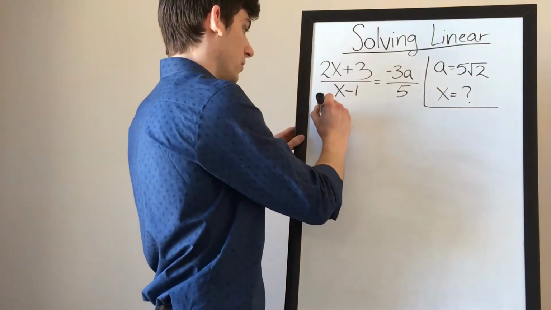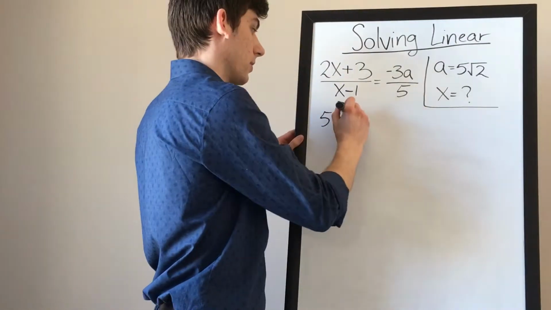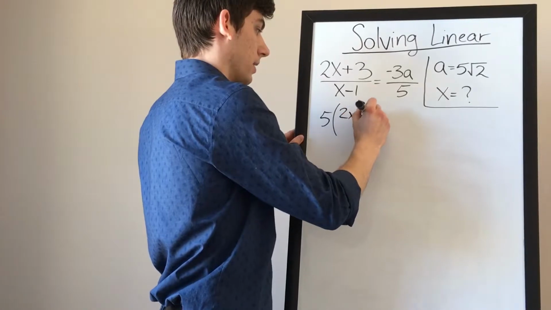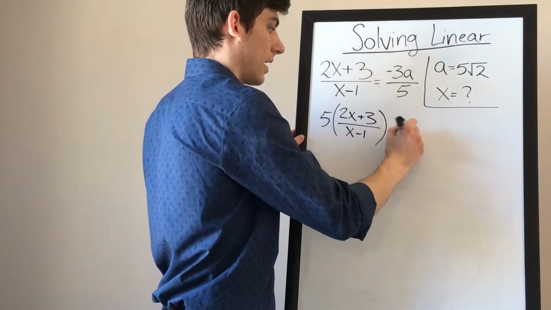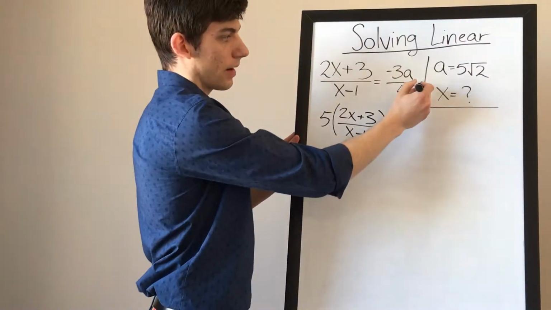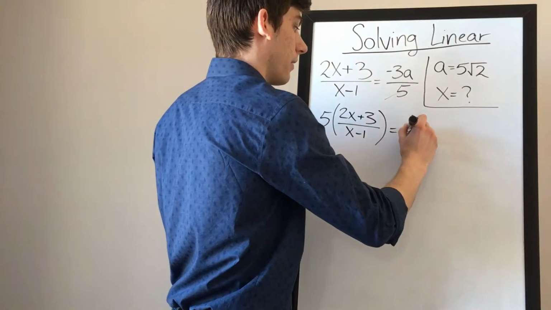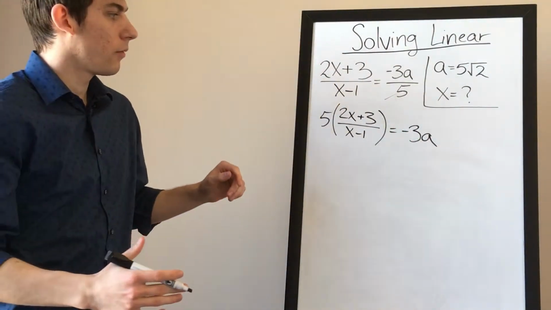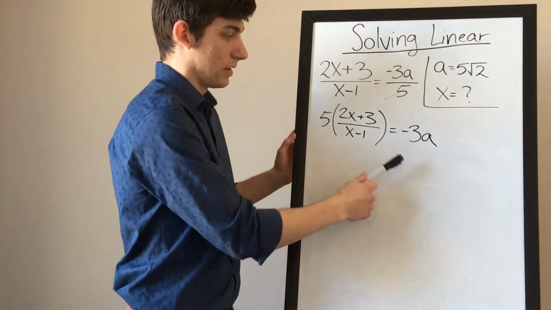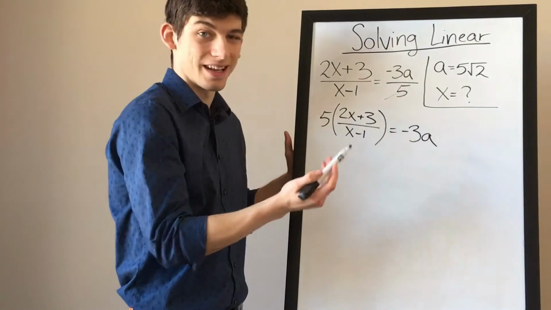So that means we have 5 times this whole thing. So 5 times (2x + 3)/(x - 1) is now equal to this thing, but the 5 got canceled out. We multiplied it by 5, this goes away, so we just have -3a. We can make this a little easier to look at because when you multiply by the fraction, you're just multiplying it into the numerator.